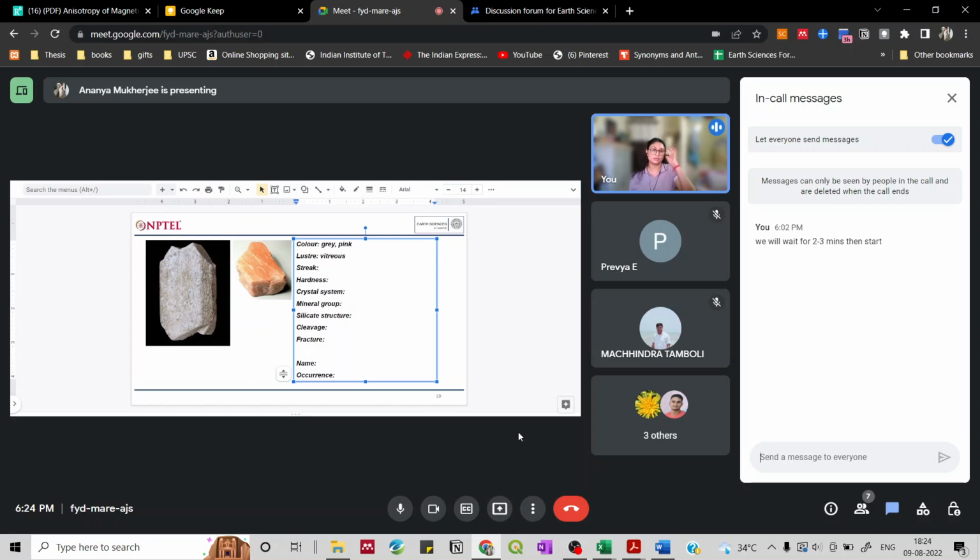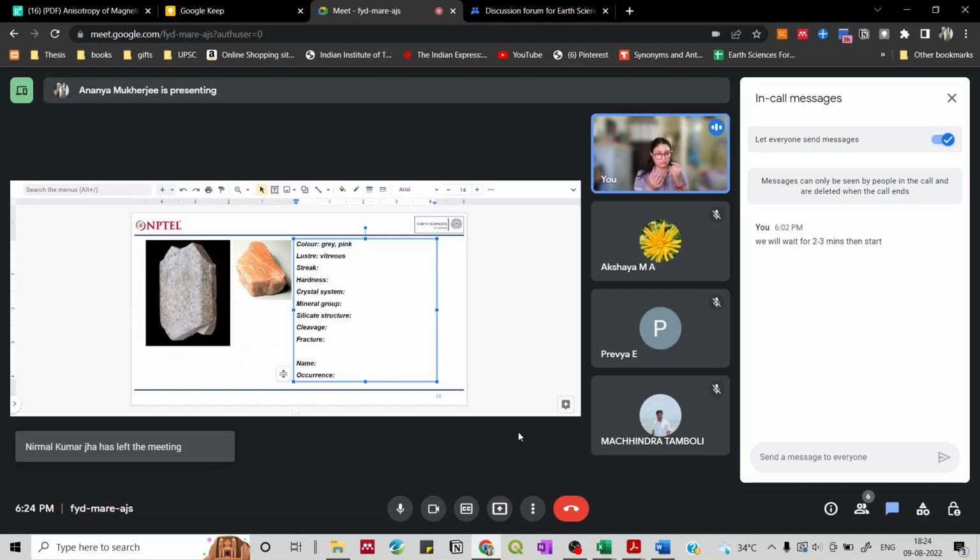And streak is the third identification property. Streak is necessary because sometimes the mineral color is not exposed, or the mineral might be showing a certain color, but the streak will have a different color. The streak is very important when it comes to softer minerals, because anything that is very hard will not show a streak.